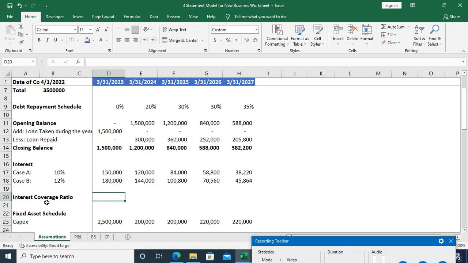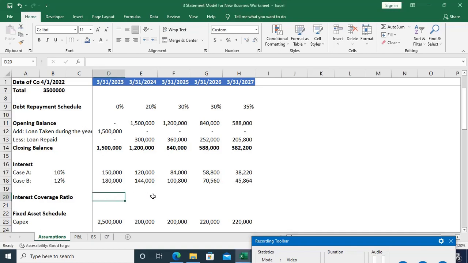We can calculate the interest coverage ratio and check which rate would actually suit. So we should do the work using this 10% rate. Why this 10% rate? Because this is the base rate which we decided along with the bank after discussing with the bank. So let us now do it.